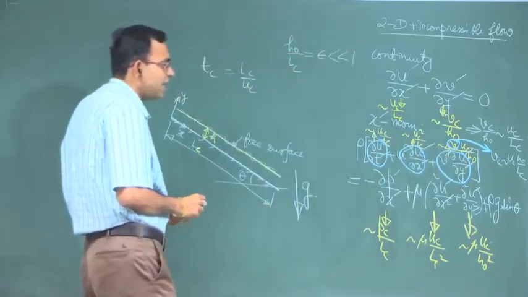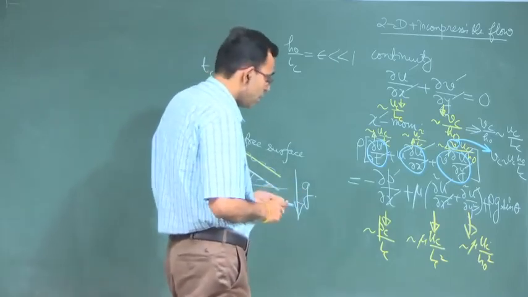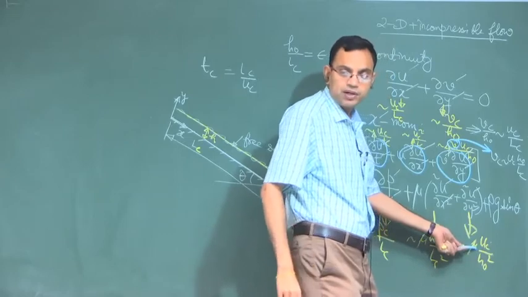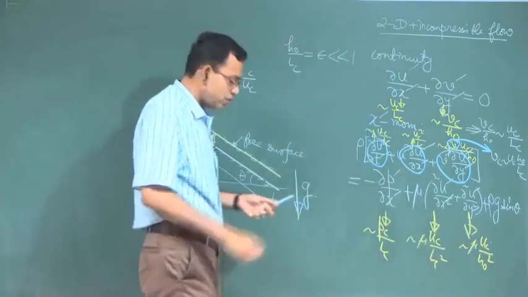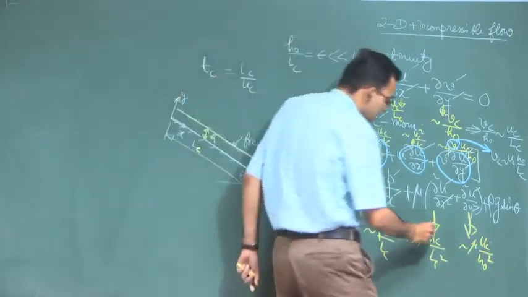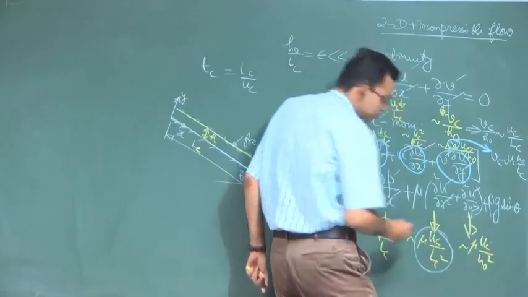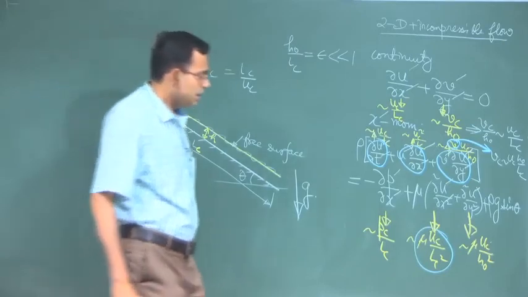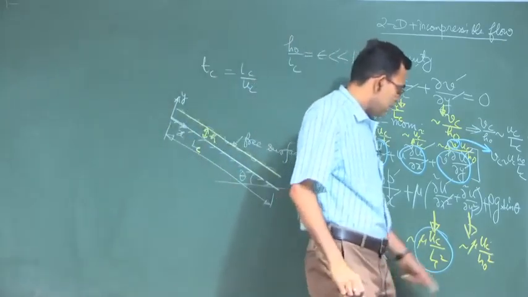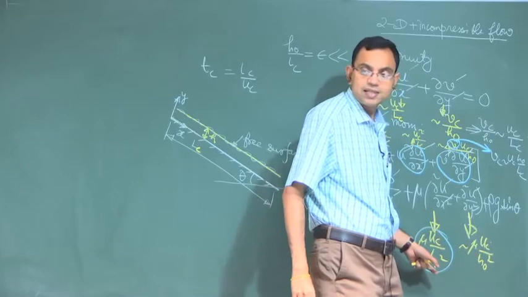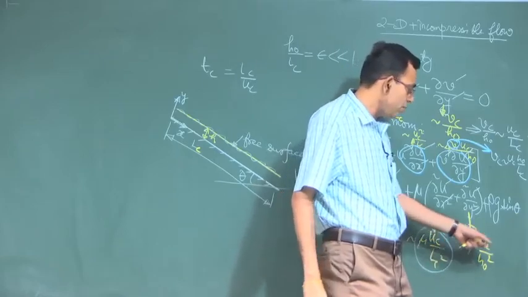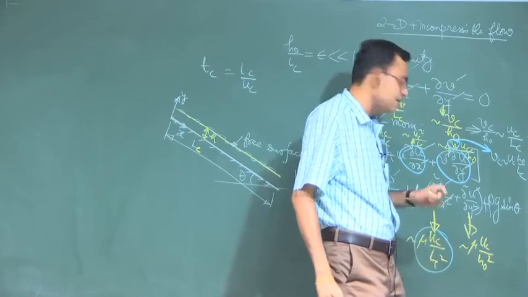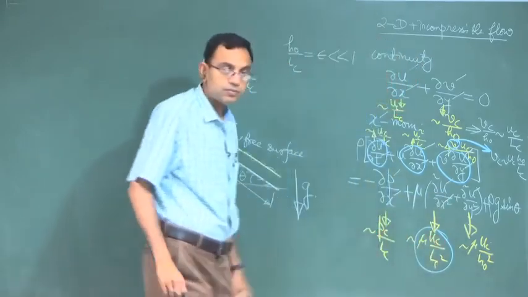In the right hand side, out of the two viscous terms, which term is not important? Out of the two viscous terms, clearly this is not important. The reason is that H naught is much less than Lc, and therefore mu Uc by H naught square is much greater than mu Uc by Lc square, right.